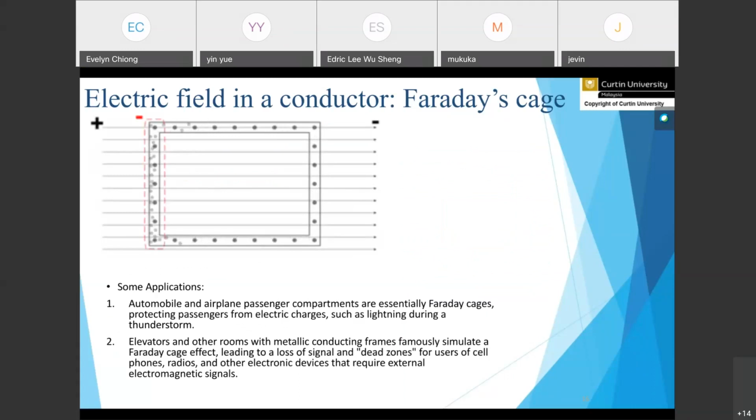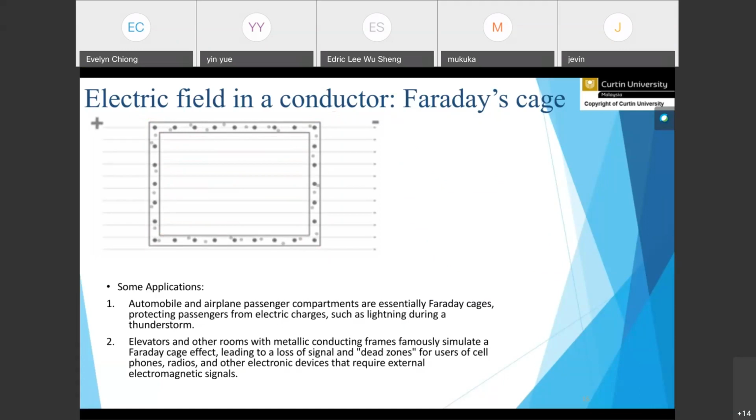You see the positive and the negative charges rearrange themselves. The electrons move to the positive side because of attraction, then the positive charges run away from the positive, so they run to the right-hand side.